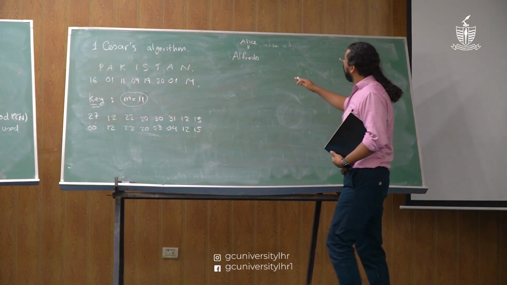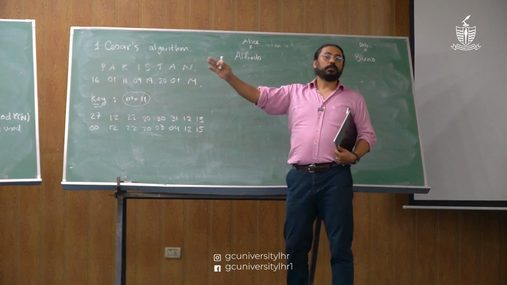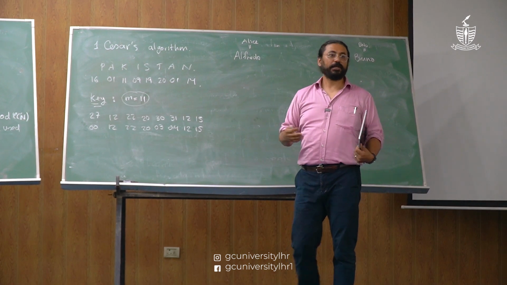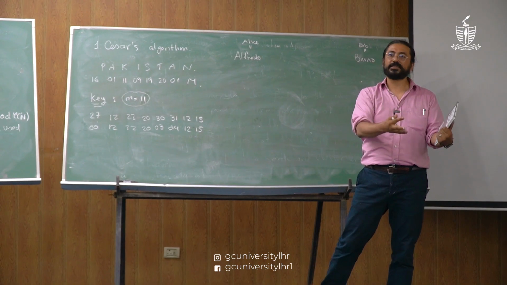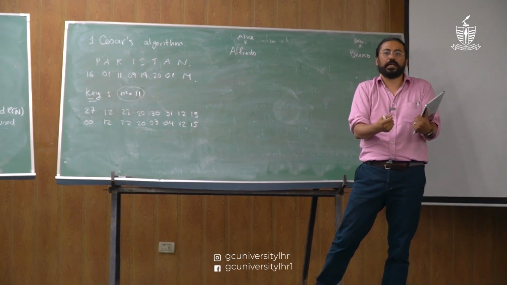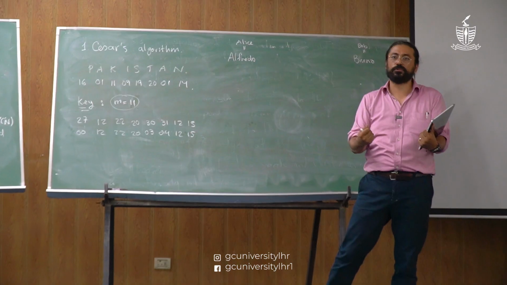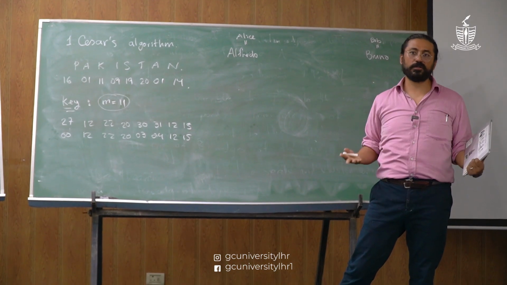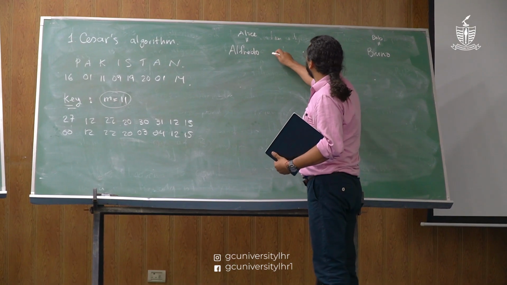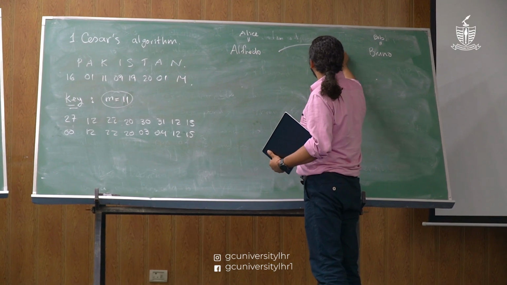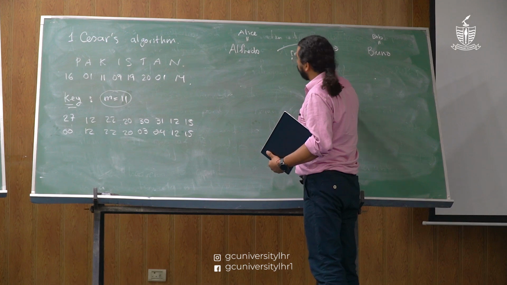So what do we need to transmit the message? Because if I only send the encoded message, but I don't send instructions to decipher it, it doesn't work. It's useless, right? So Alfredo has to send the message.